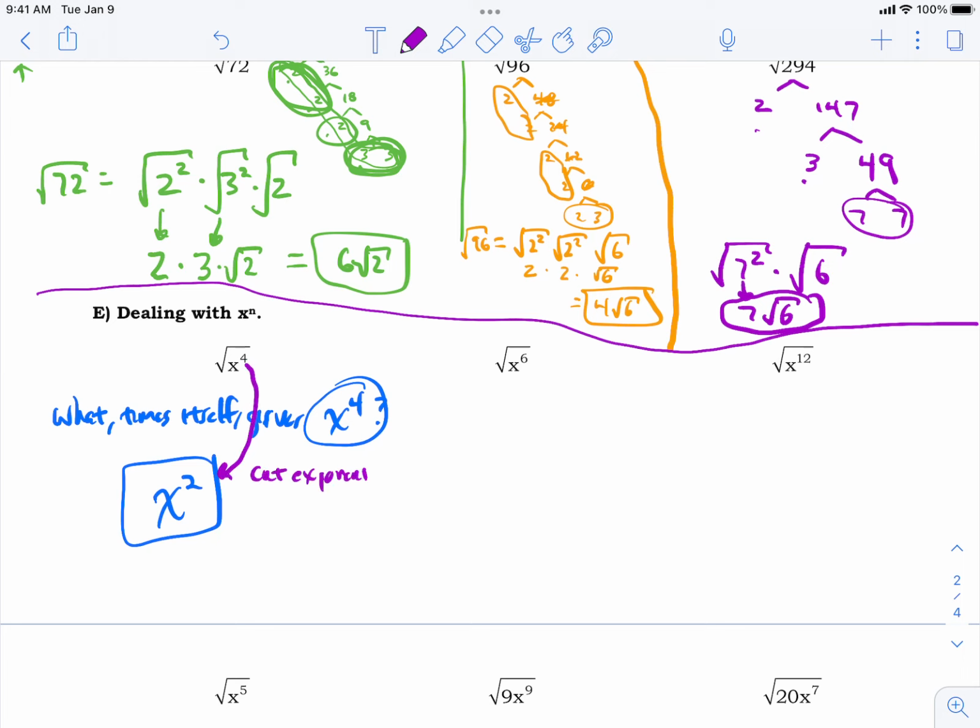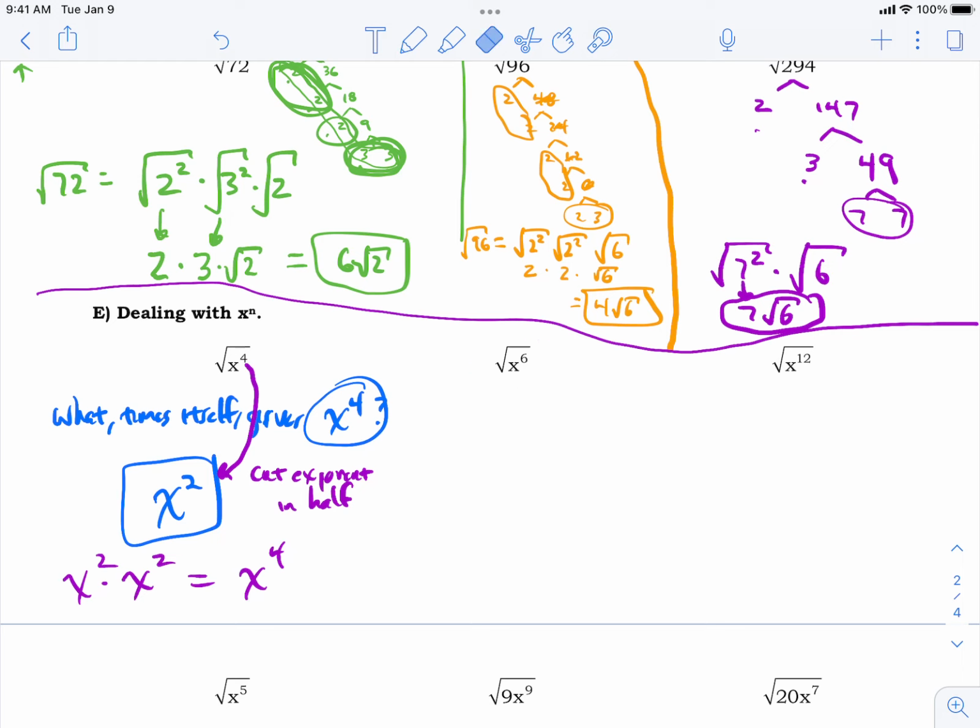And why does that work? That works because if you want it to add up to x to the fourth and you have to spread it out into two spots, you take the 4, you cut it in half to get a couple of 2's. X to the 2 times x to the 2, the 2 plus 2 is 4. That's why it works. Now, if you trust me, you'll look at radical x to the 6th and go, are you saying I should just cut the 6 in half?